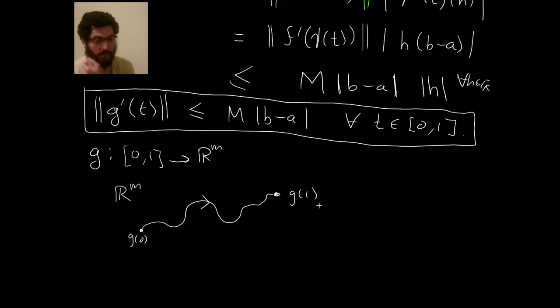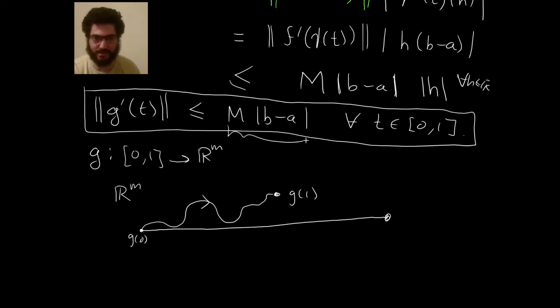Well, if you're only allowed to run from time equals 0 to time equals 1, and your speed can at most be this, then you can only run so far, right? g can only go so far away from g of 0. So, in fact, probably what you would predict is the furthest g could go away from g of 0 is how far it would go if it went in a straight line at this speed.